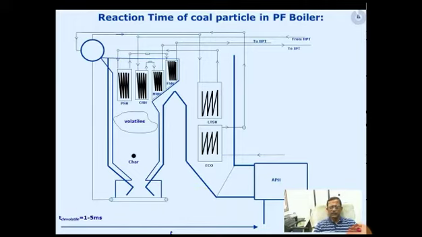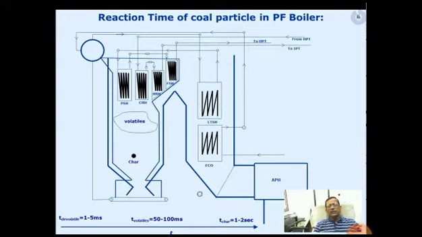Then the volatile combustion will take around 50 to 100 milliseconds, so it's faster. But the total combustion of the char in a standard pulverized coal-fired furnace usually takes 1 to 2 seconds, right? So that is the reaction time we are talking about.